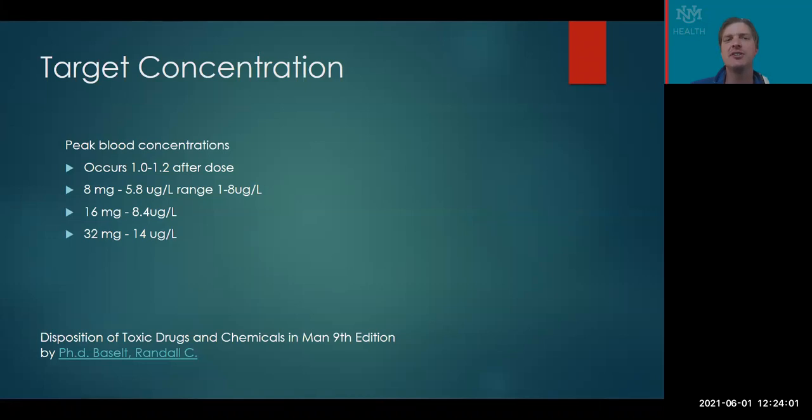As far as getting target concentrations go, these appear to be buprenorphine target concentrations at different doses in a small tested population. And these are done on blood, not urine samples, for your reference.